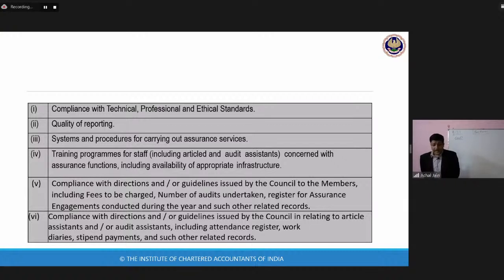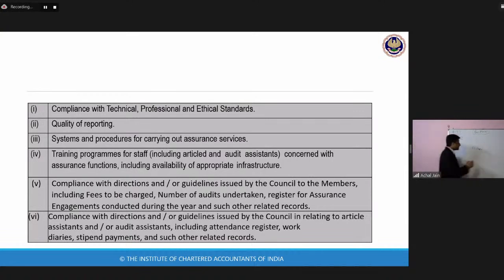Statutory audit of entities which have raised funds from public or banks or institutions of rupees 50 crore during the period under review. So that means if the borrowings of an entity, let's suppose there is a client, say SS Limited.